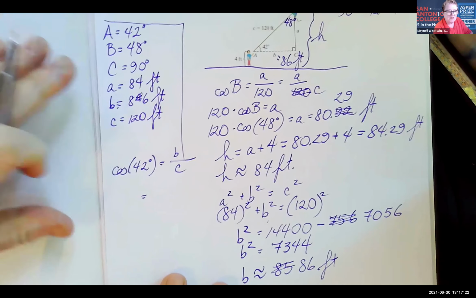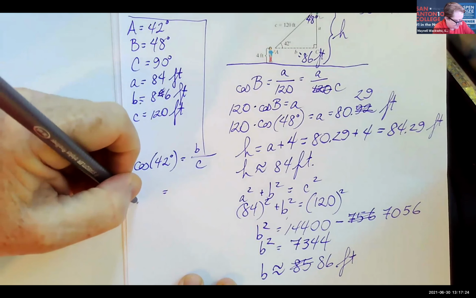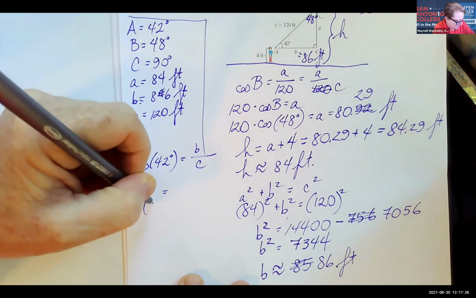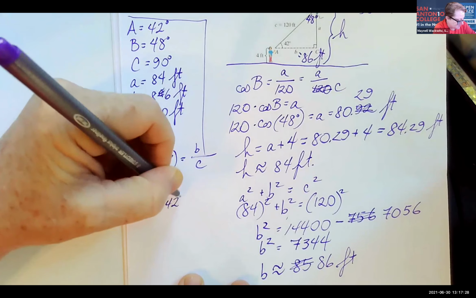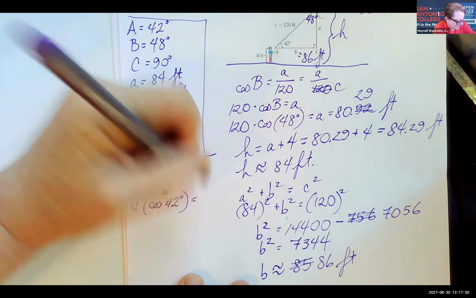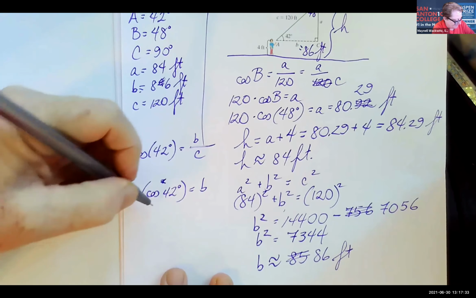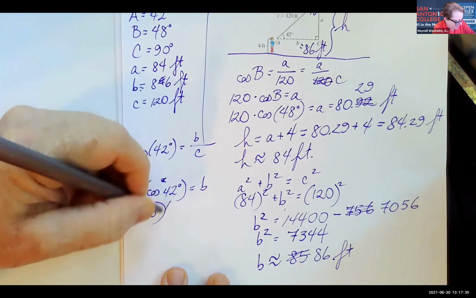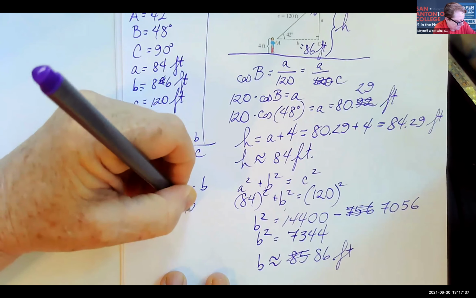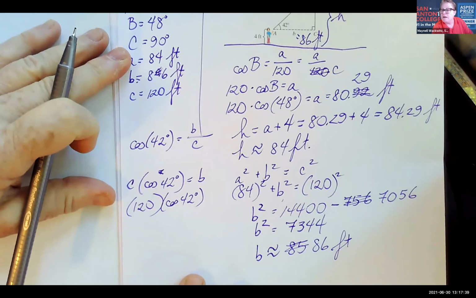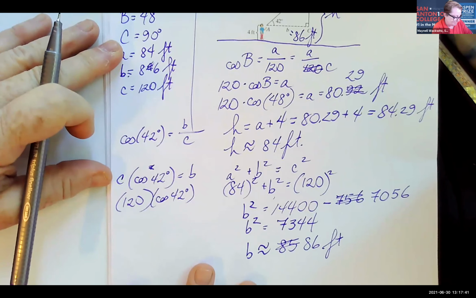I can multiply both sides by c, and I get that c times the cosine of 42 degrees will be b, and c is 120. Cosine of 42. And Anna, you got 89?